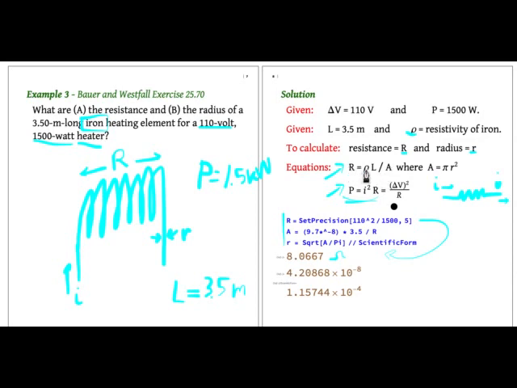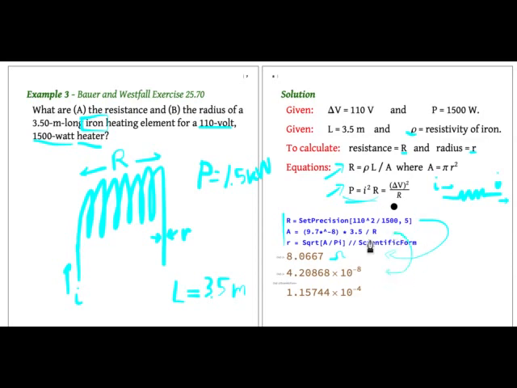Area will be rho L over R. We just calculated R. So we'll have rho for iron, that's 9.7 times 10 to the minus 8. You have to get that from the table of resistivities. L is 3.5 meters, divided by R. Well, R I just calculated, it's that 8 ohms. So that will give you the area.